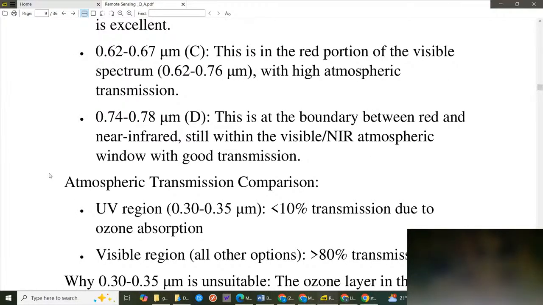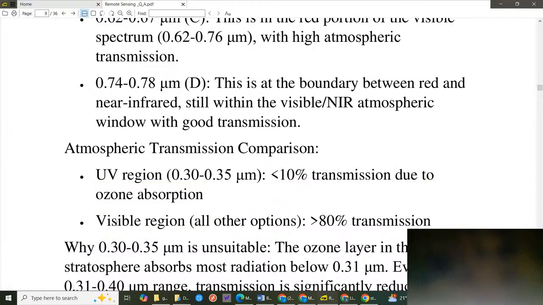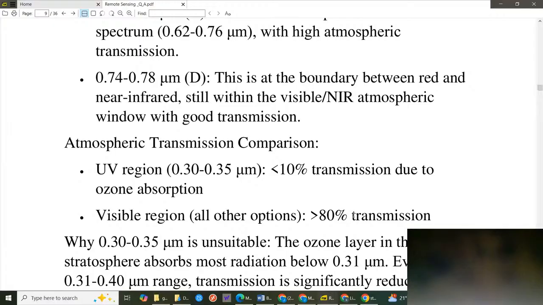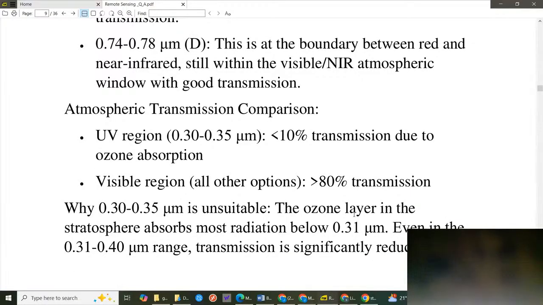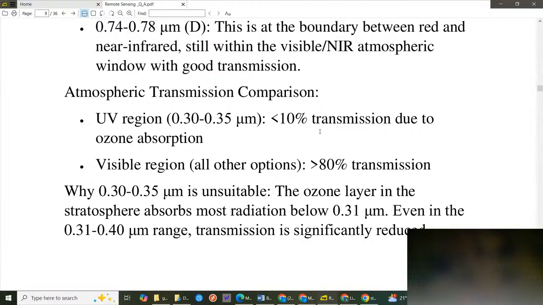Atmospheric transmission comparison: in the UV region, 0.30 to 0.35 micrometer, there is about 10% transmission due to ozone absorption. In the visible region, all other options have much higher transmission. Why is 0.30 to 0.35 micrometer unsuitable?